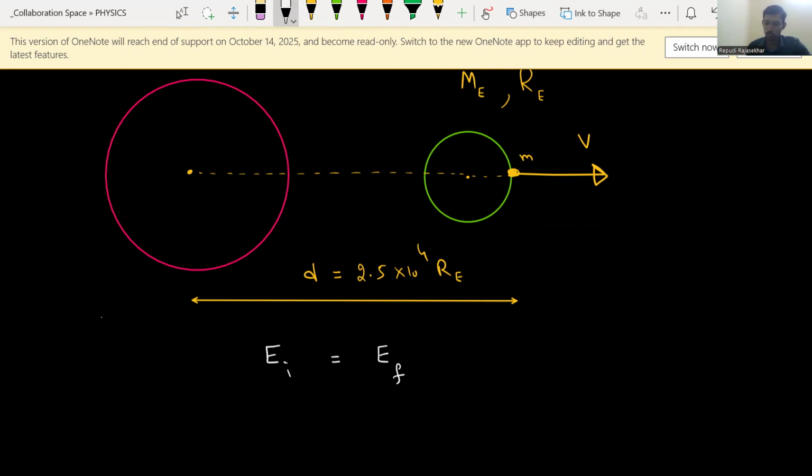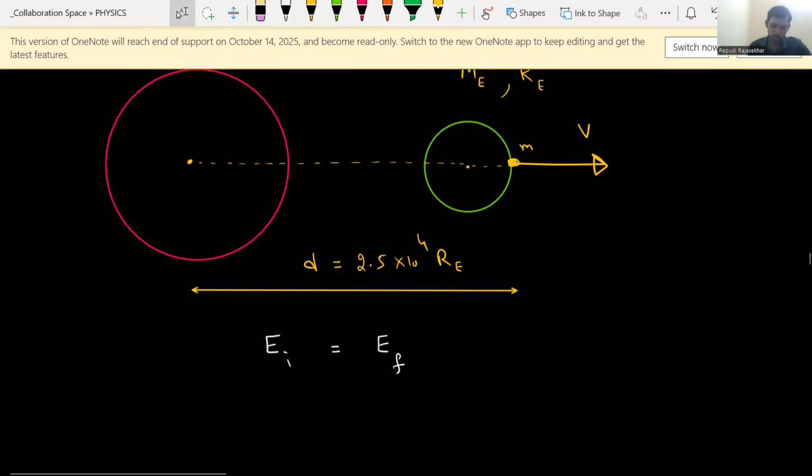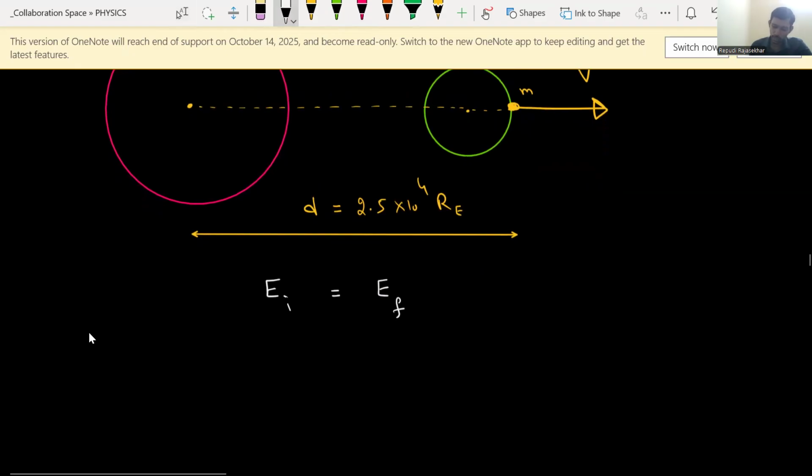Now, what is the potential energy of this system initially? The potential energy between the sun and the rocket is minus G times the mass of the sun times the mass of the rocket divided by the distance d between the rocket and the sun.